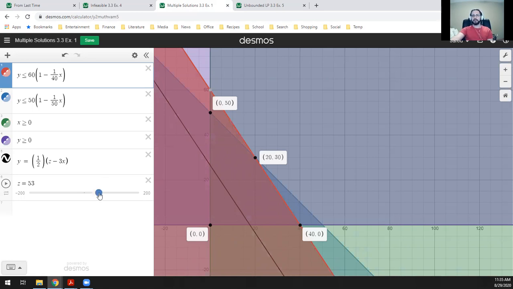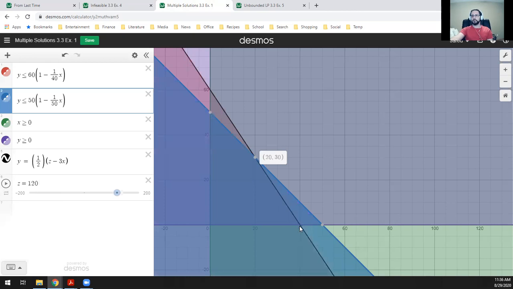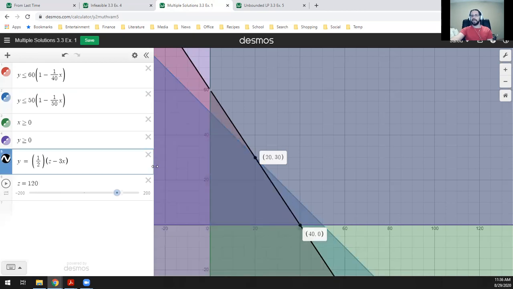Now I've gone in and rewritten the objective function, and we're going to view those isoclines and see what happens. Moving the isocline up, up, up, higher, higher, higher. The isocline is starting to be outside of the feasible region, but not entirely. There are points still in it until I get to right here. So take a look at this isocline going from here to here, as well as this first constraint.